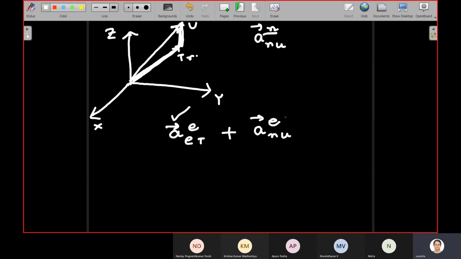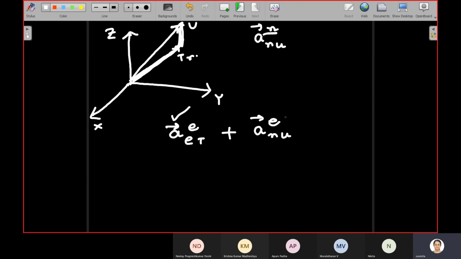Ma'am, do we have to find the yaw, pitch and roll angle? First, tell me what you will do with the transformation matrix in this context. Then you can find the transformation matrix. First, tell me why you require the transformation matrix and how you are going to use it.